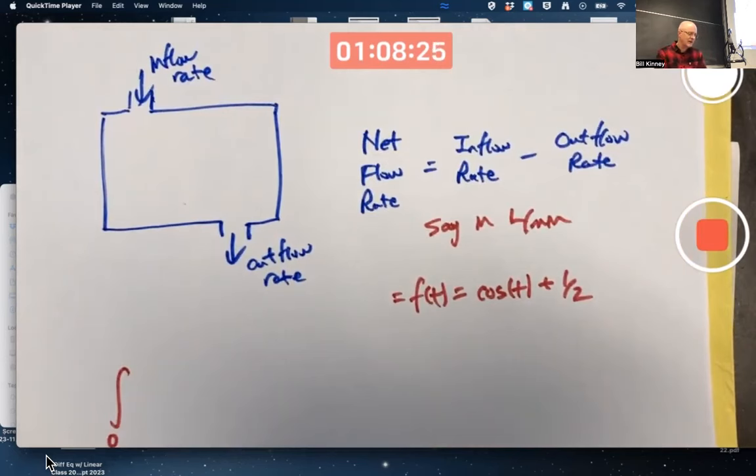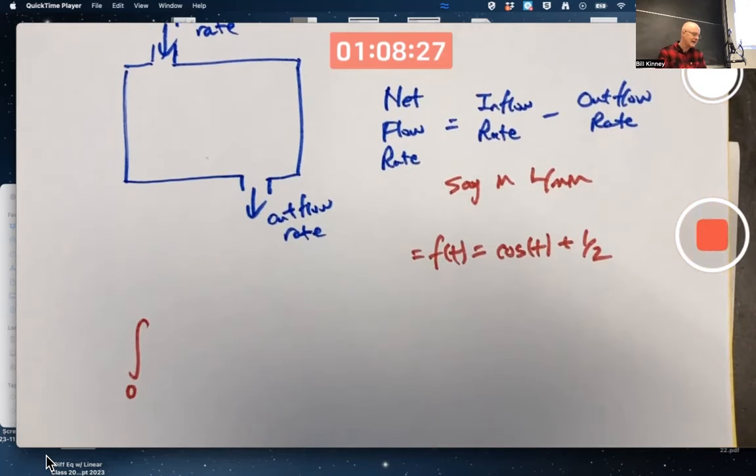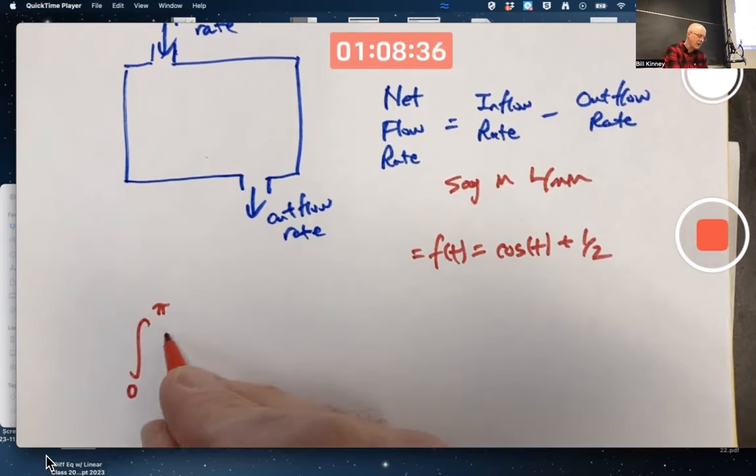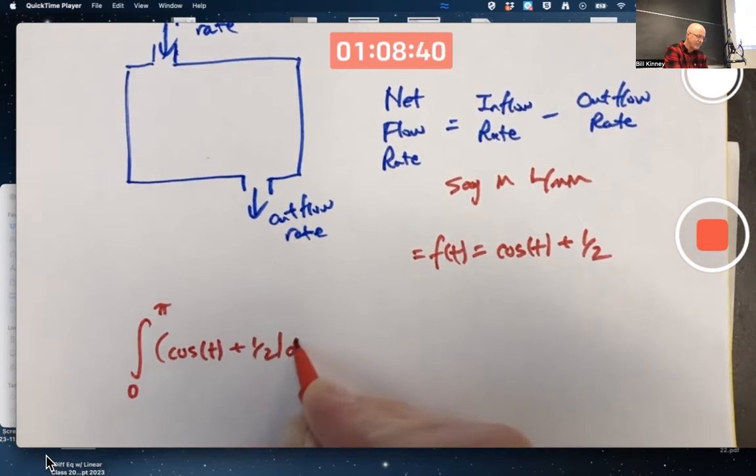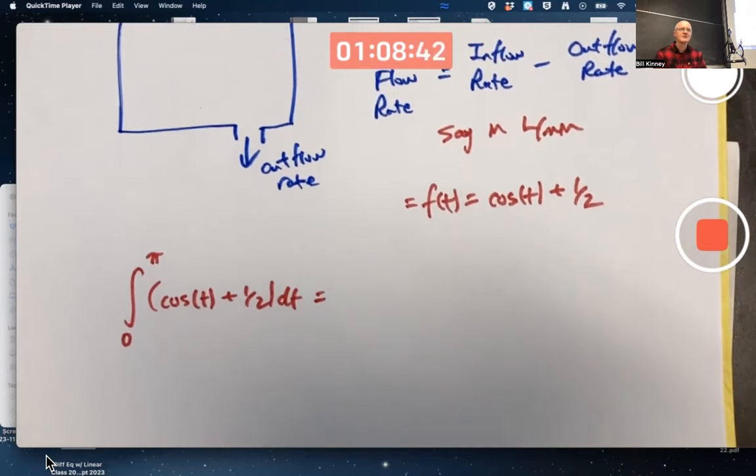What interval of time should I pick? I think I'm going to pick 0 to pi. So from 0 to pi seconds, 0 to 3.14 seconds approximately, I'm going to integrate this flow rate, cosine of t plus 1/2, get an answer in one minute here, and then try to interpret what it means.